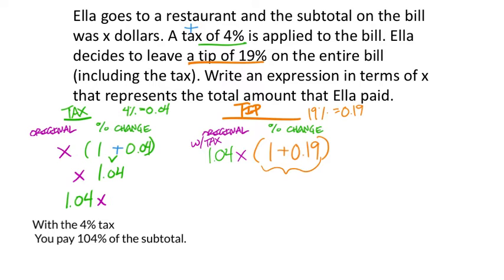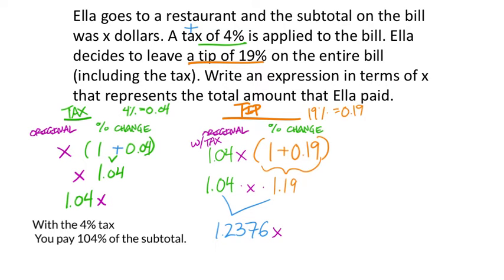Now evaluating this, 1 plus 0.19 is 1.19. And then we have 1.04 times x times 1.19. And right here, I can just multiply those two values together, the 1.04 and 1.19. I'm just going to put that in my calculator. 1.04 times 1.19, enter, and I get 1.2376, and then I would multiply that by x.